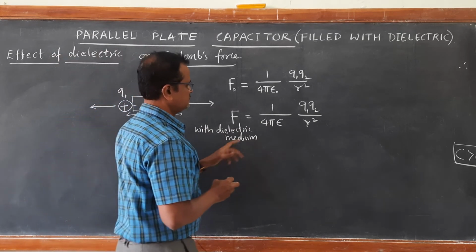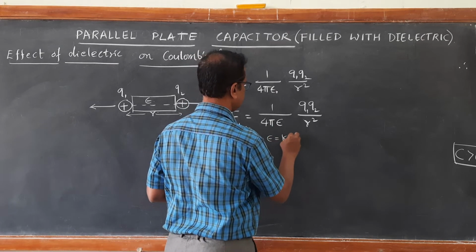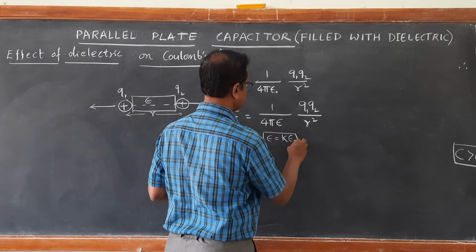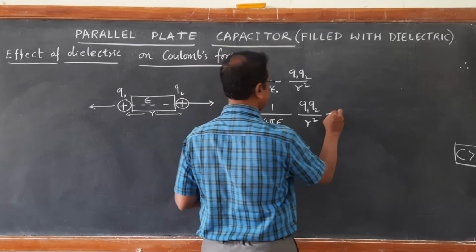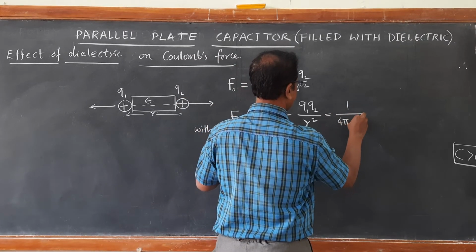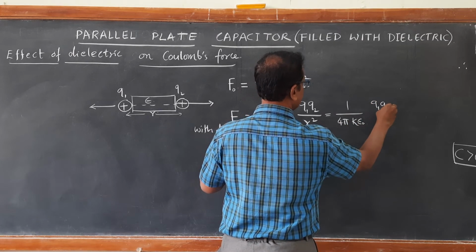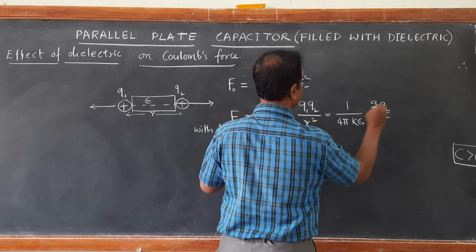As a result, if you substitute, you know epsilon is equal to K times epsilon naught. You can just see how the force decreases. So, it becomes 1 upon 4 pi K times epsilon naught, Q1 Q2 by R square.